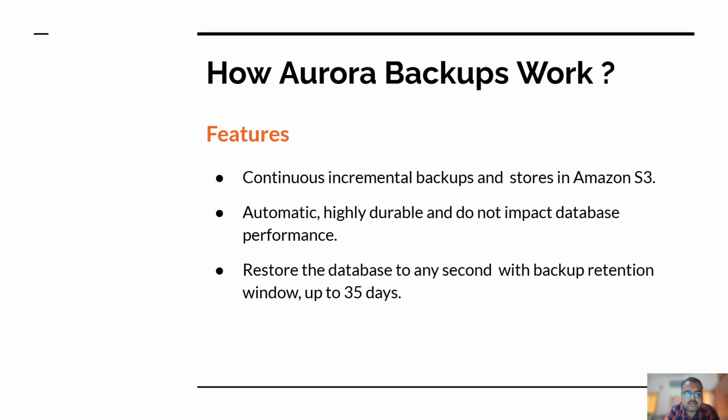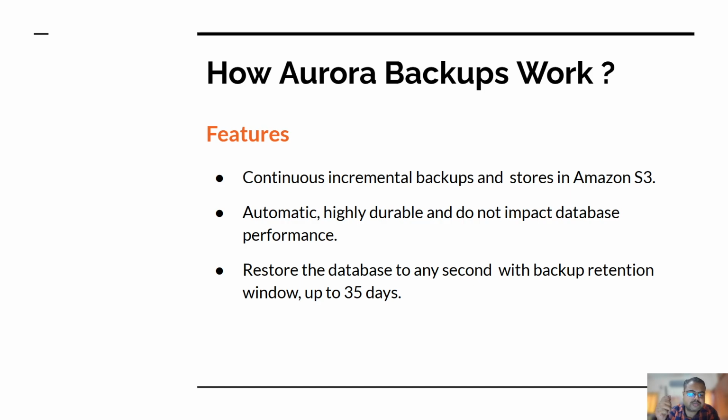One important thing to note is that these backups do not impact database performance. While the backup is going on, the database performance does not degrade, since it is managed by AWS. Using these backups, Aurora allows us to restore the database to any second within the backup retention window, which can be configured for up to 35 days.